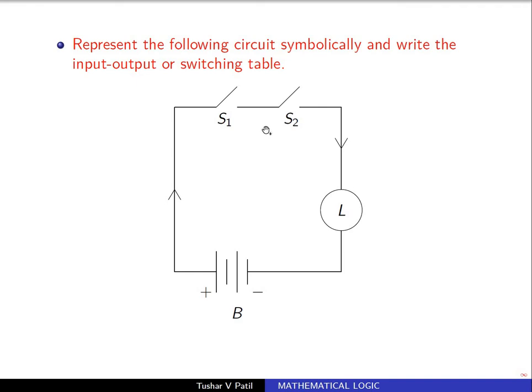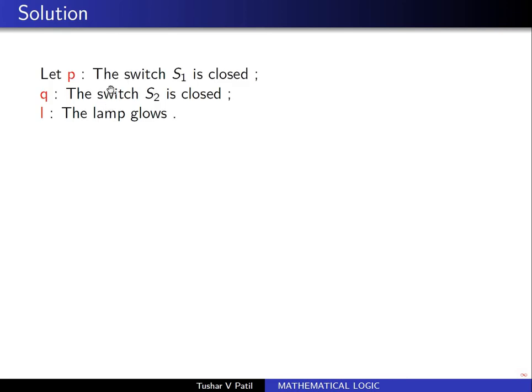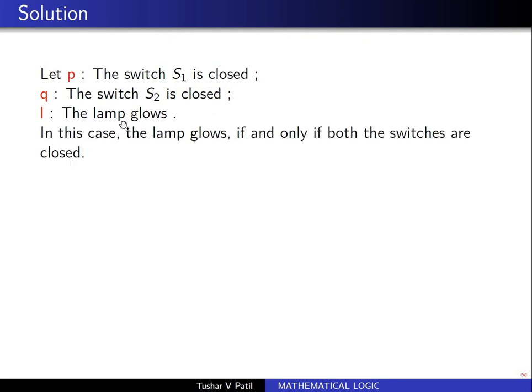Here it is again. We know that the lamp L glows if and only if both the switches are closed. If one of the switches is open, then the light won't glow. Solution: let P denote the switch S1 is closed, Q denote the switch S2 is closed, and L denote the lamp L glows.